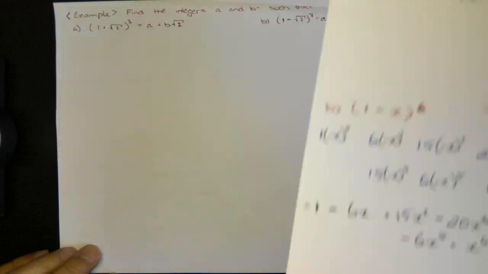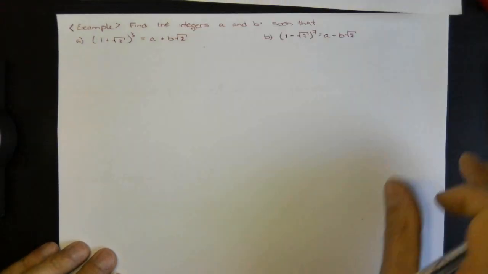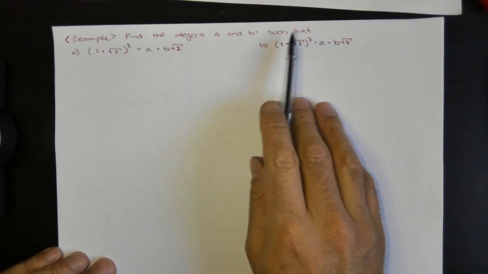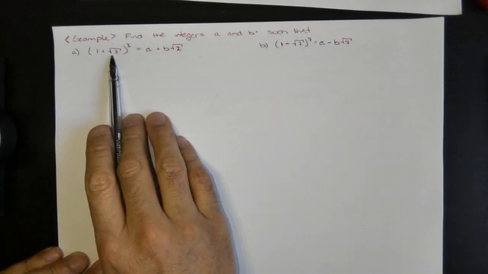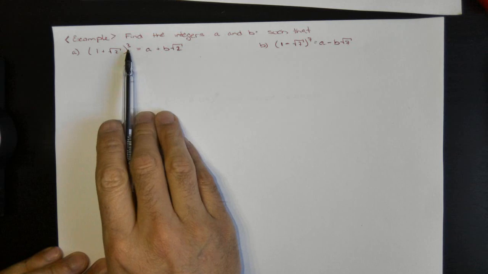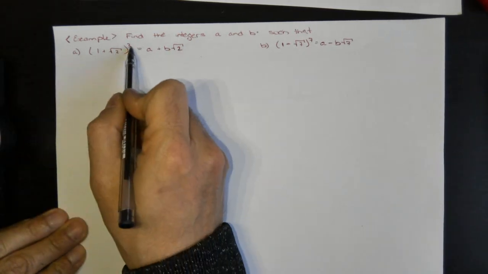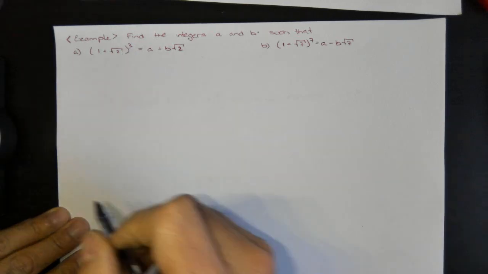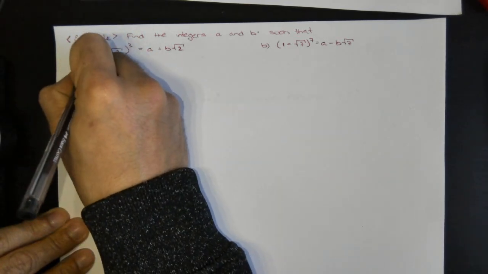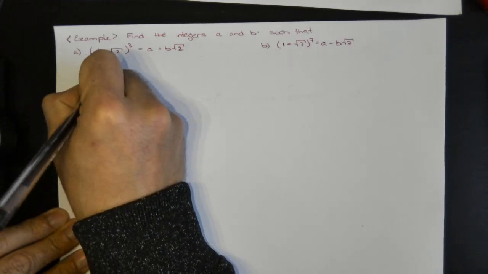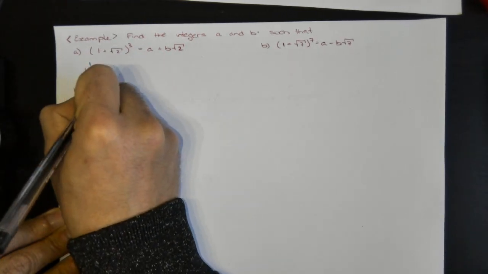Okay. Some examples that you might also get: find the integers a and b such that (1 plus root 2) cubed is a plus b root 2. Okay, so we want row 3. If I just start off, that's my row 0, row 1, row 2, row 3.